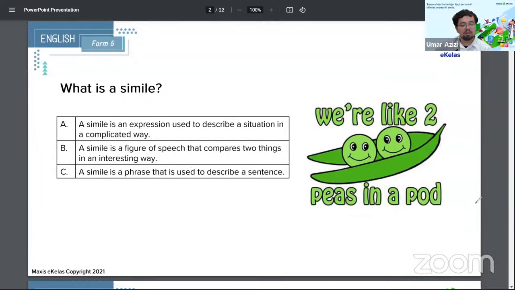Is it A, B, or C? Let's check. Some live chat here. So no one's going to guess this yet. We have A, B, or C. You can just either guess it, or for those on Zoom, you unmute and tell me your answers.